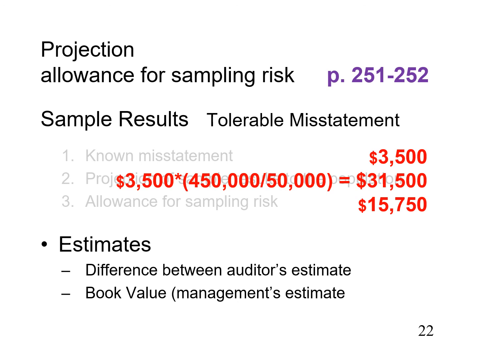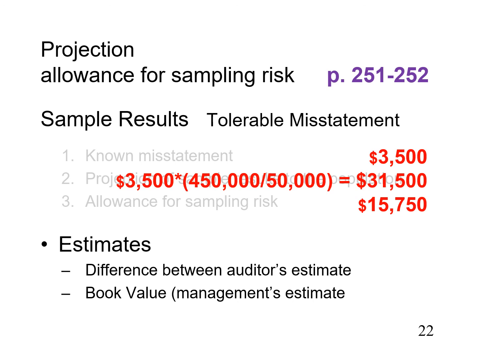We're not going to in this class, but what I want to point out is the allowance for sampling risk is usually about half of performance materiality. So if I had to guess, and performance materiality was 36,000, I'd say the allowance is probably going to be about 18,000. So this is a big number.